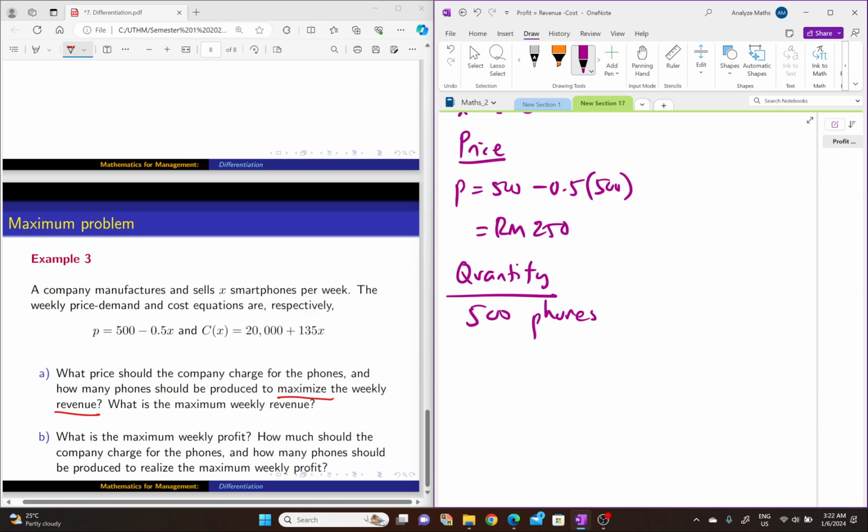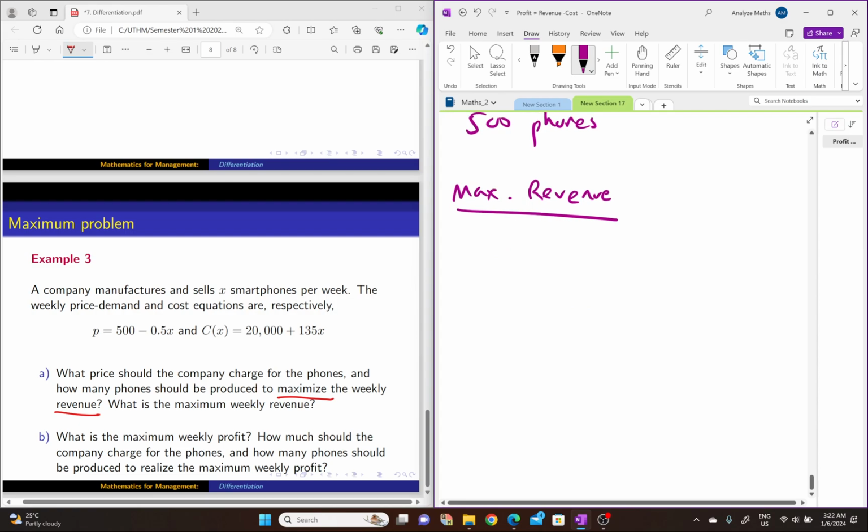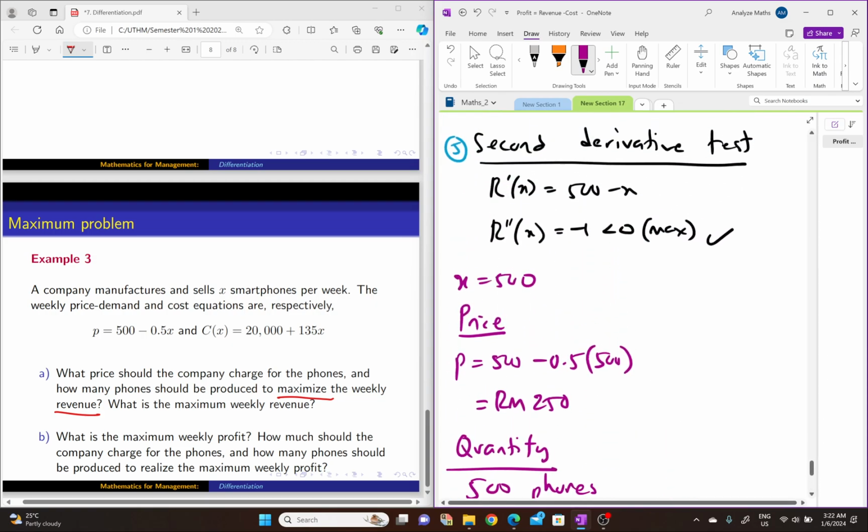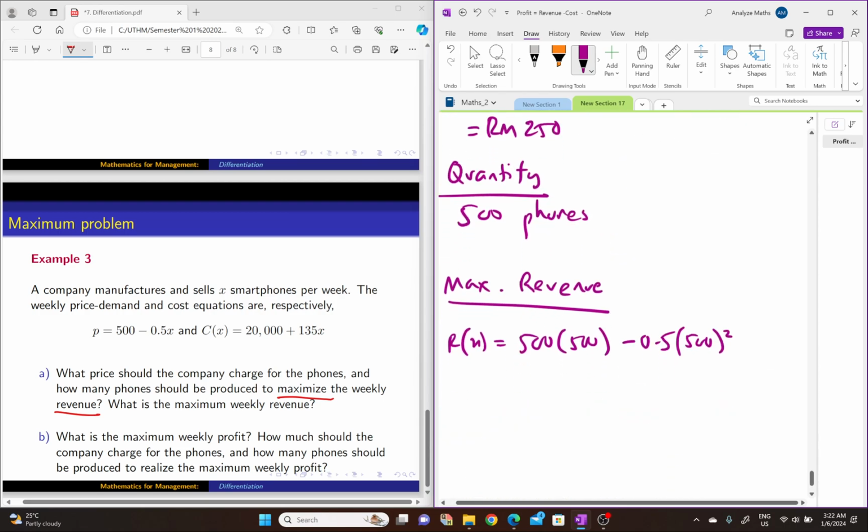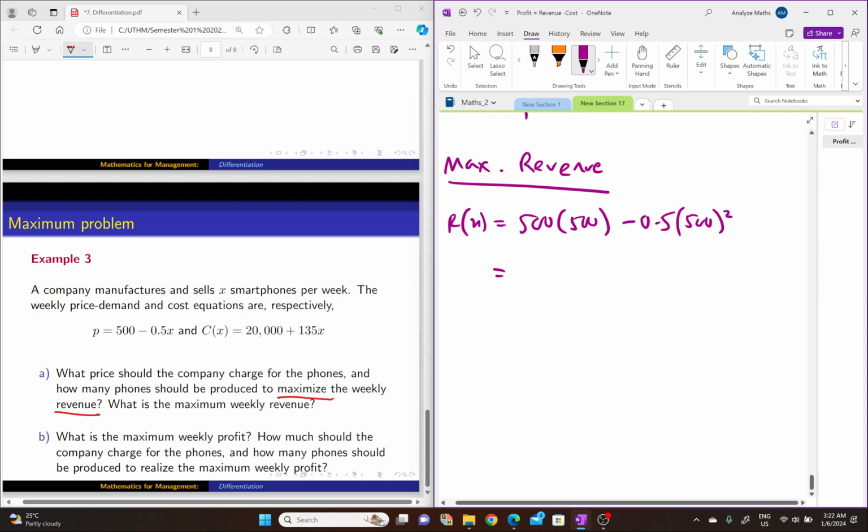What is the maximum weekly revenue now? Maximum revenue is, this is the answer.